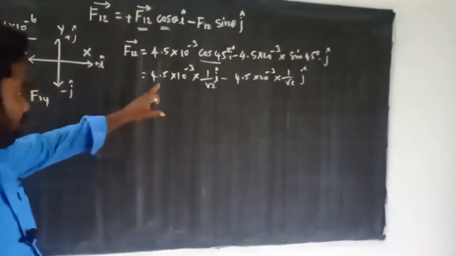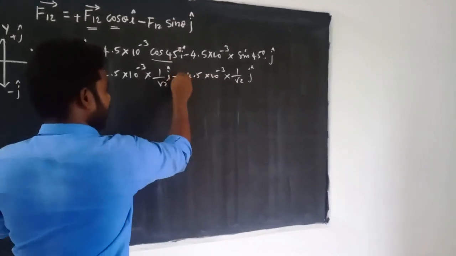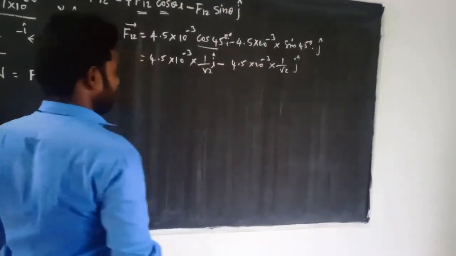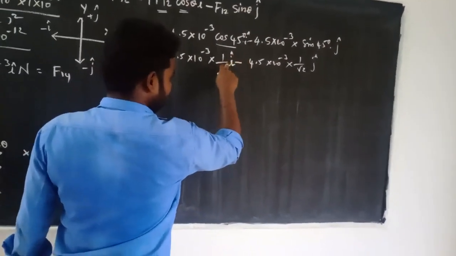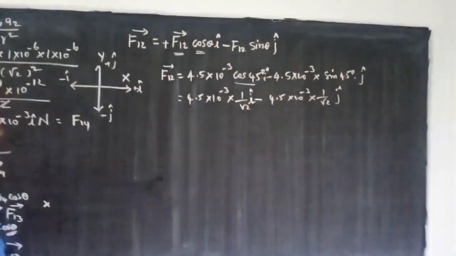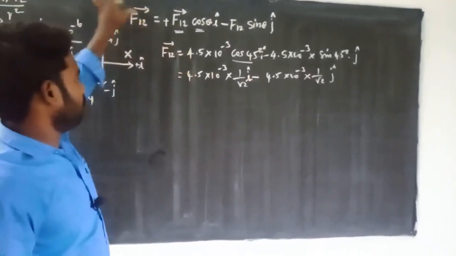See children, the same values are here. Here there is a minus symbol, but you cannot subtract them from each other because here the unit vector is I cap, here j cap. So this is the value of F12 vector.